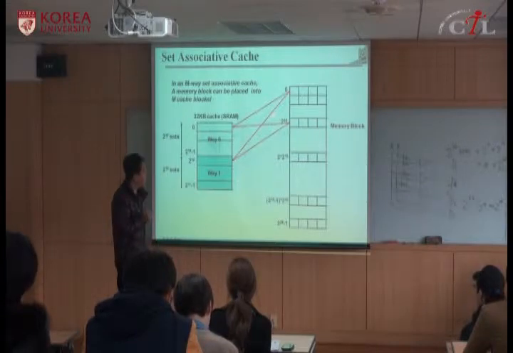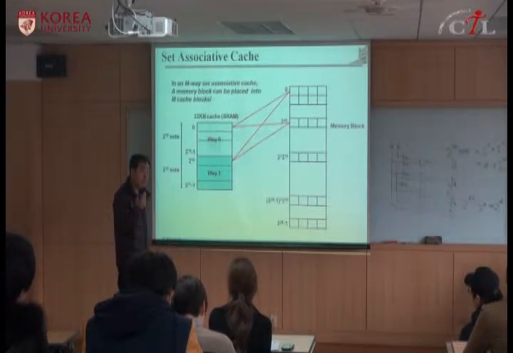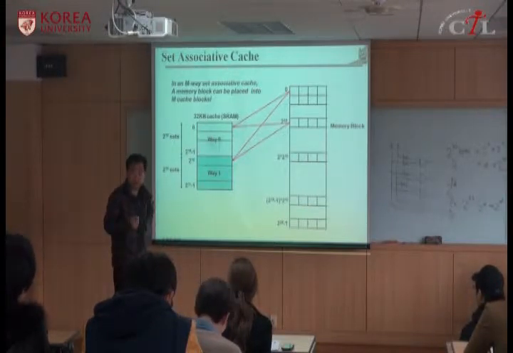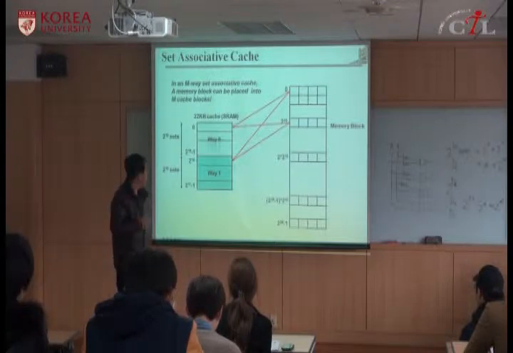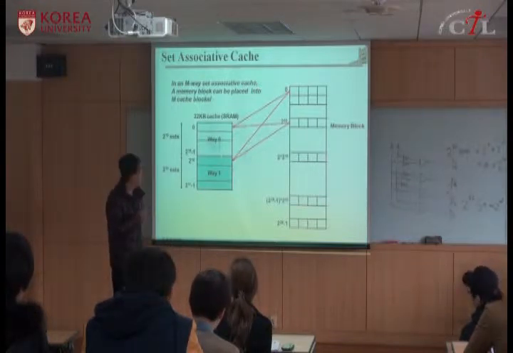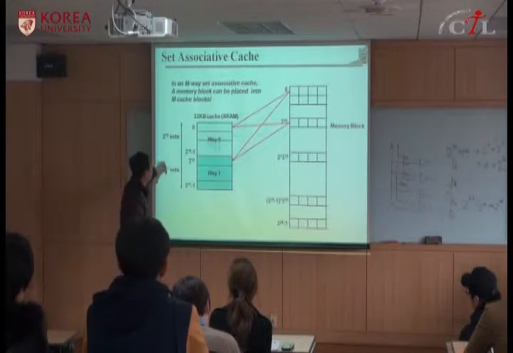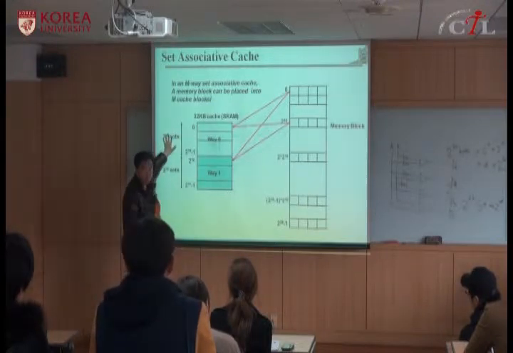Okay? So bank size is 1024. So how many bits do we need for this bank index? We need 10 bits, right? 10 bits determines 1 out of 1024, and this is called set index. So there are actually two-way banks. Each bank contains 1024 blocks, and there are actually 1024 sets.